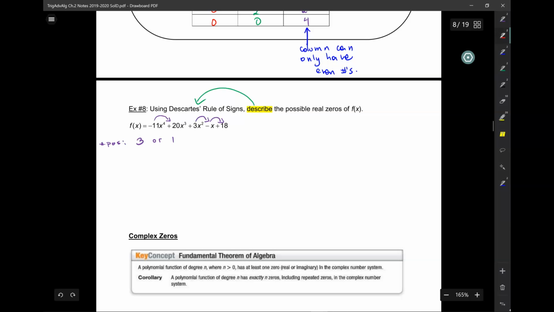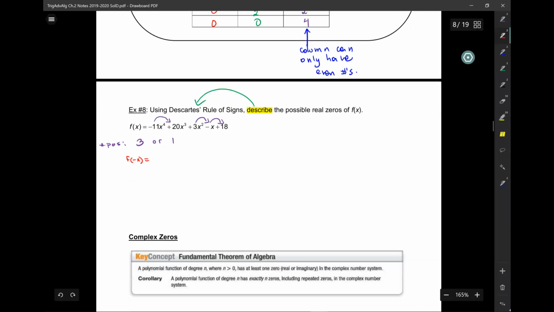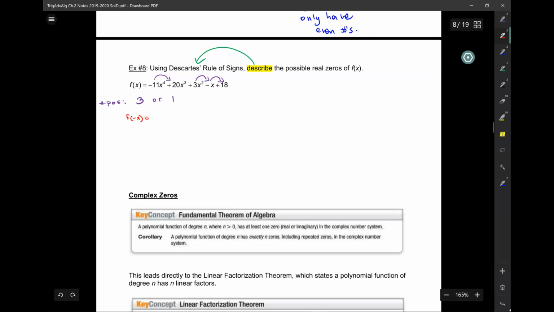Now, for the number of negatives, I need to find f of negative x. Yesterday, we came up with a conjecture. We said if a term has an even exponent, power of 2, 4, 6, 8, nothing changes. You just copy it down. Negative 11 x to the 4.